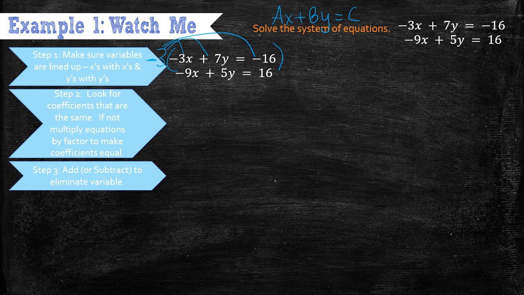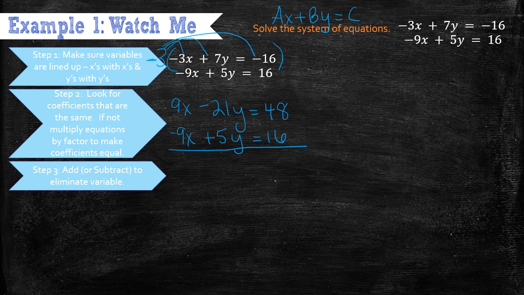I'm going to rewrite that right here for step 2. So I'm going to have a positive 9x minus 21y, and then I have negative 3 times a negative 16, so that's going to turn into a positive 48. My bottom equation didn't change. I didn't have to change it because now my 9x's are going to eliminate.